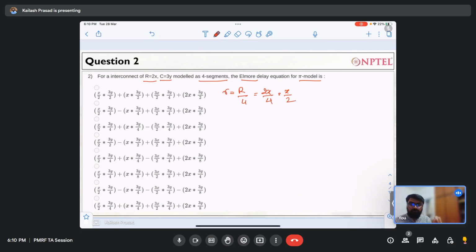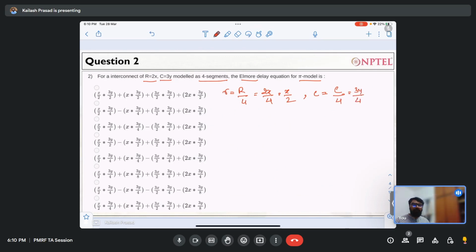So you have to note it down. Then the second thing is small c. This will be capital C by 4, then this will be 3y by 4.